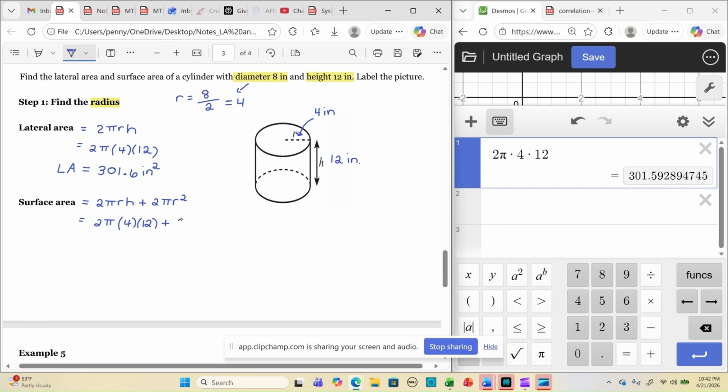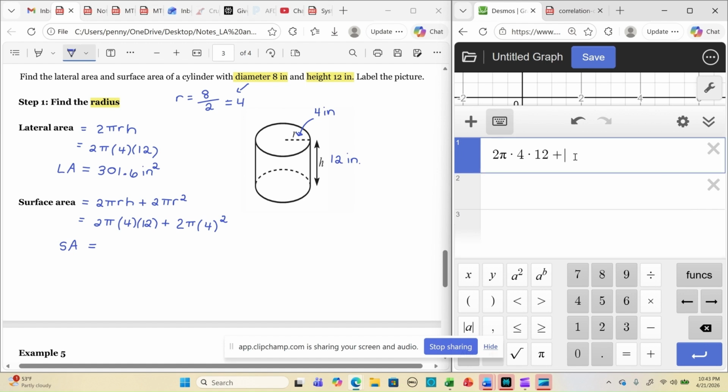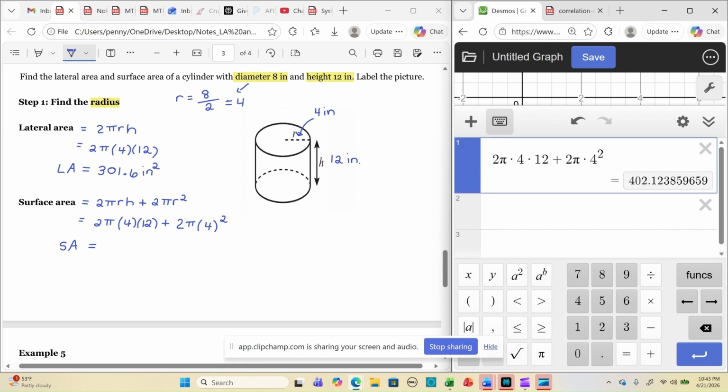So 2 pi times 4 squared. And back to Desmos we go. We've got our 2 pi times 4 times 12 plus 2 pi times 4 squared. We get 402.1 inches squared.